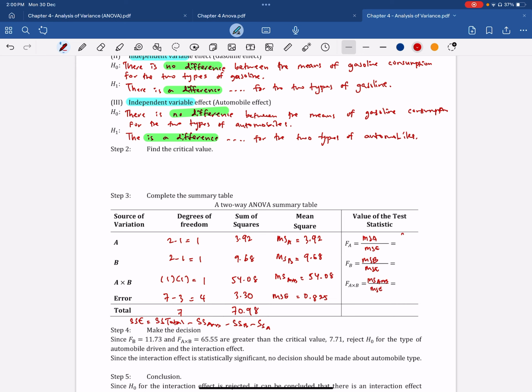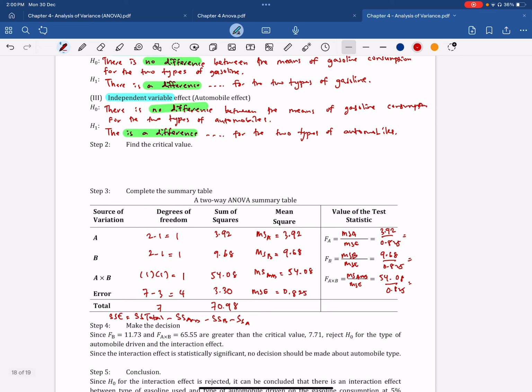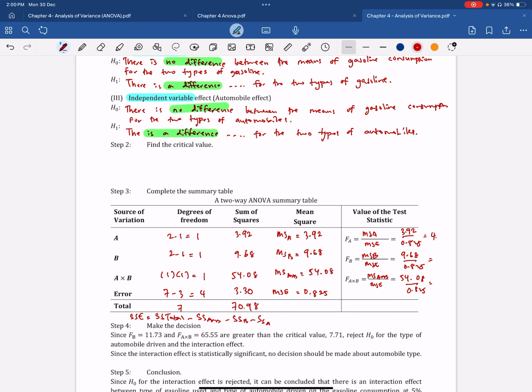So you will get 2.92 over 0.825, 9.68 over 0.825, 54.08 divided by 0.825. And then you will have your value for the test statistic for each of these. So let's try this example and make sure that your answer is the same as mine.